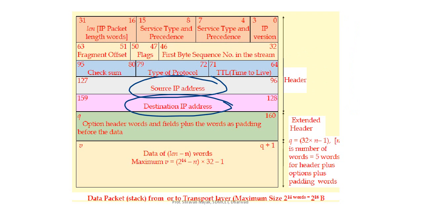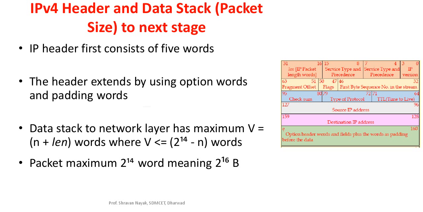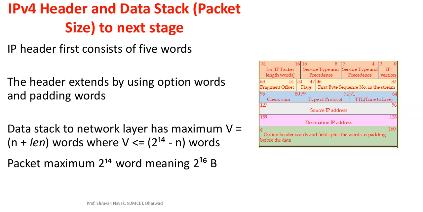Okay, so now let us quickly see what exactly these things mean. Okay, first, as I have already told you, the IP header consists of 5 words, and you can see in this diagram also 5 words, right? The header extends by using option words and padding word depending upon the requirement. Okay, so now packet maximum means 2 to the power of 16.